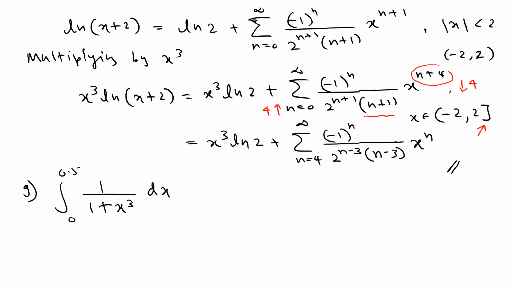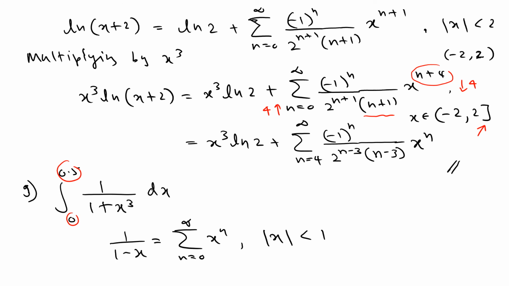Again, if you get a problem like that, we're going to match it with one of our known series. So we're going to start with 1 over 1 minus x, which is sigma n going from 0 to infinity, x to the n. This is valid for x less than 1 in absolute value. You can see both limits are inside that, so there are no problems here; that's where the series converges.